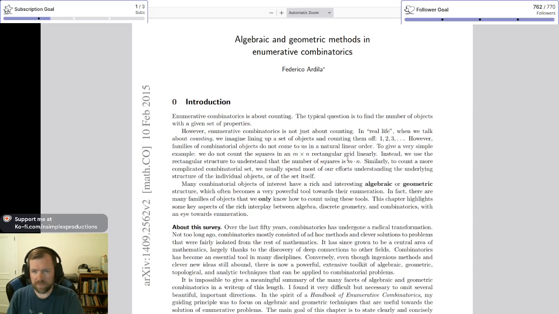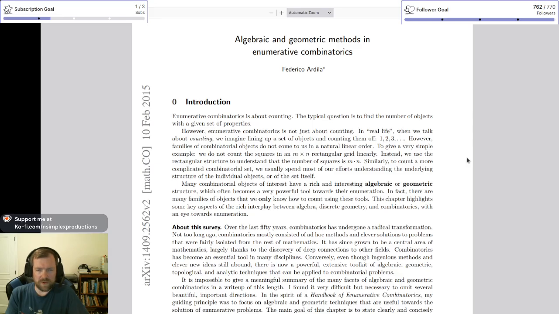Anyway, instead we use the rectangular structure to understand that the number of squares is m times n. Similarly, to count a more complicated combinatorial set, we usually spend most of our efforts understanding the underlying structure of the individual objects or the set itself.